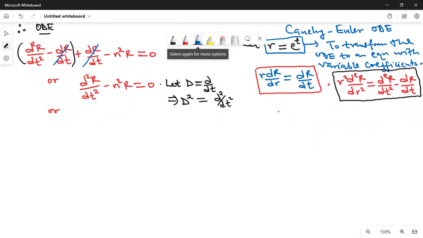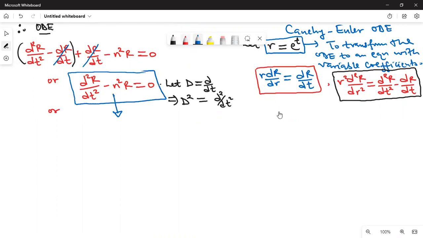This equation can now be written as D squared r minus n squared r is equal to 0. Or if I factor out the r from the left-hand side, we have D squared minus n squared operating on the capital R to give us 0.